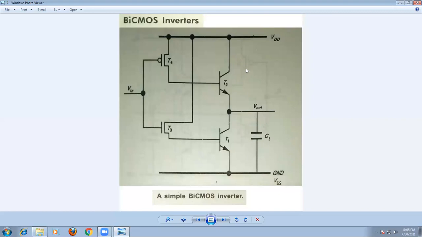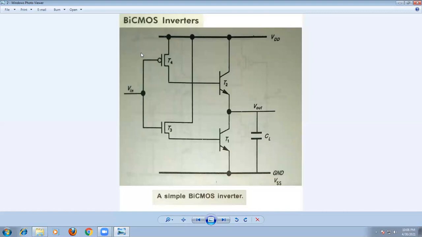Now let's see how the circuit operates in this case. Now let's go for the BiCMOS inverters. Already we've seen the different types of inverters in different technologies. First, NMOS technology, where we studied NMOS inverters. Similarly, we studied CMOS inverters.